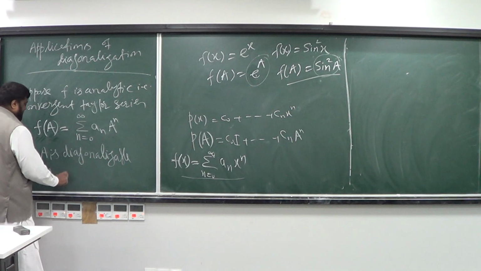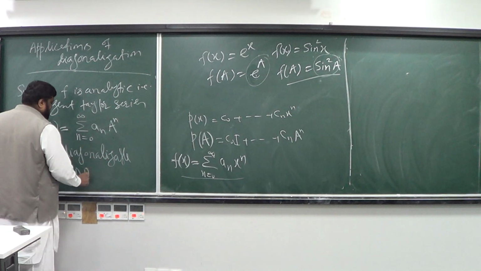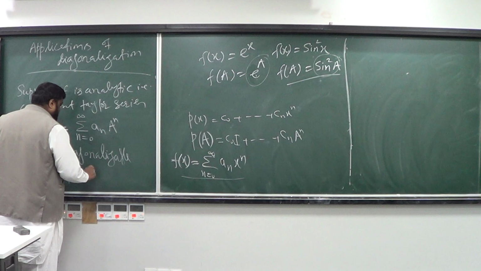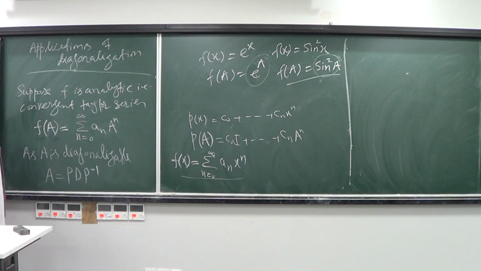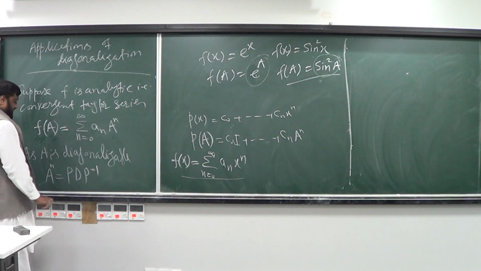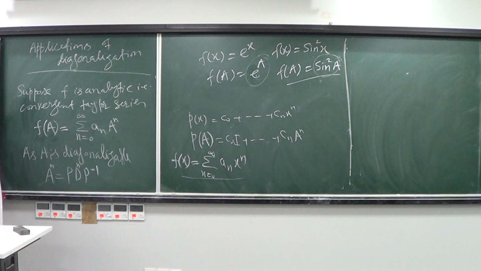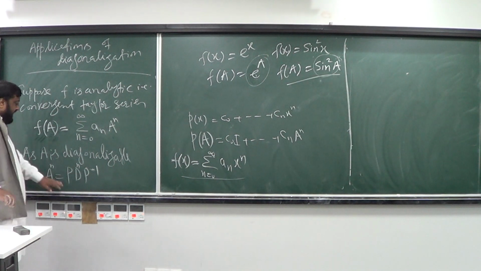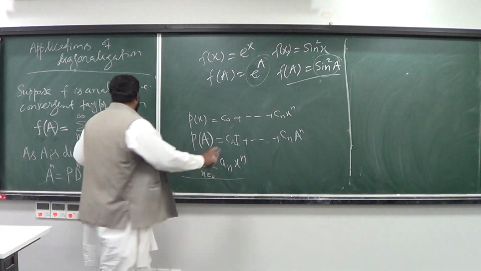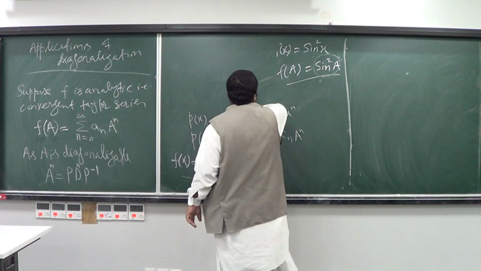So I know that I can write A as P D P inverse. And I can also write A power n as P D power n P inverse. So we saw how to do it. Let's substitute this here in the sum, actually, and let's see what we get.